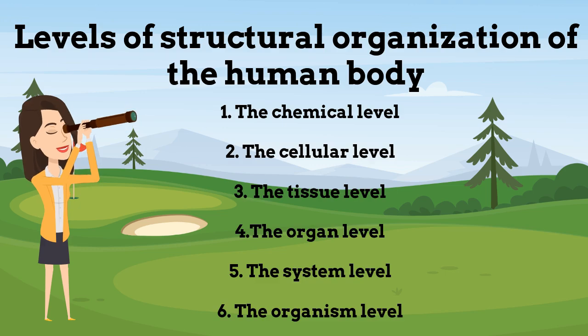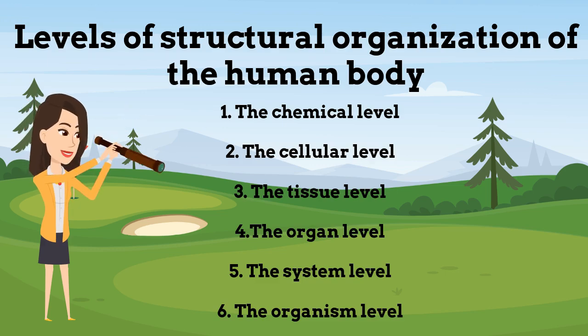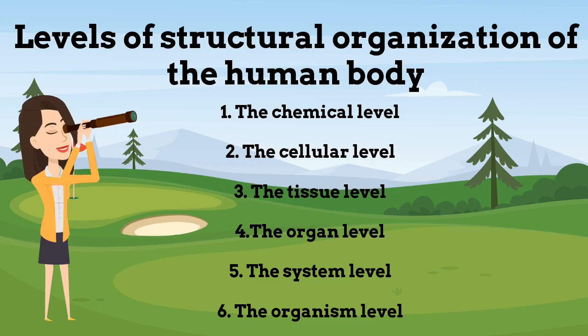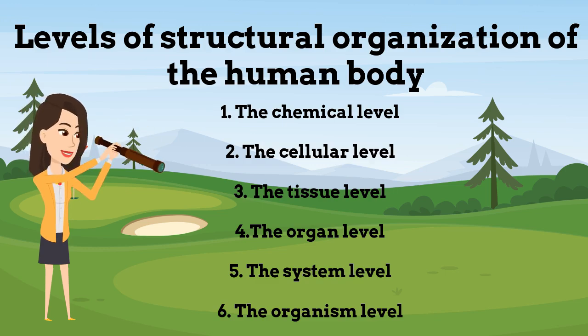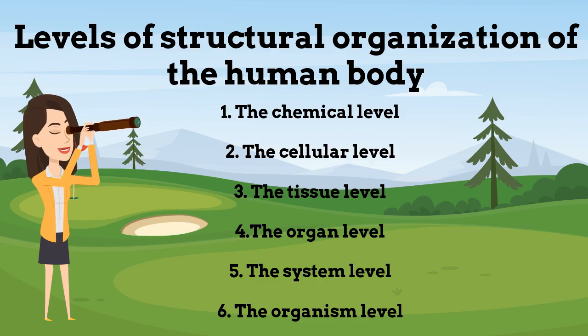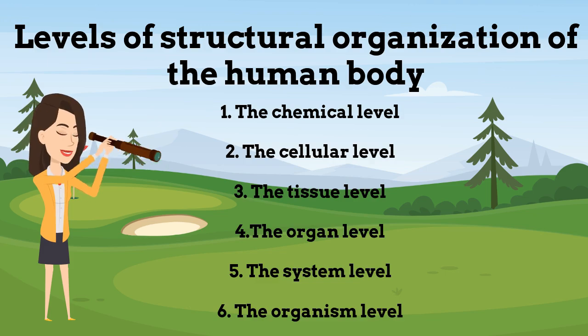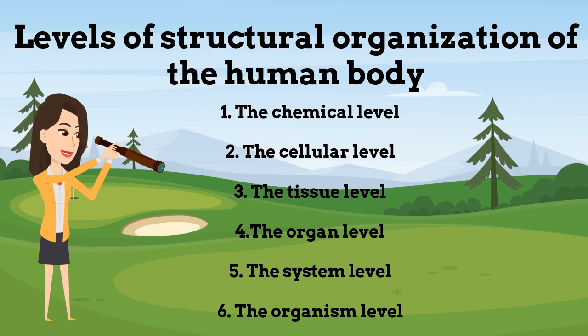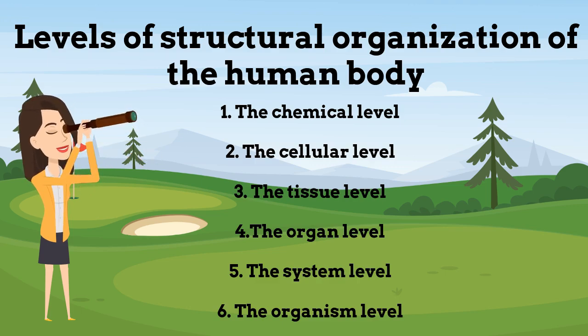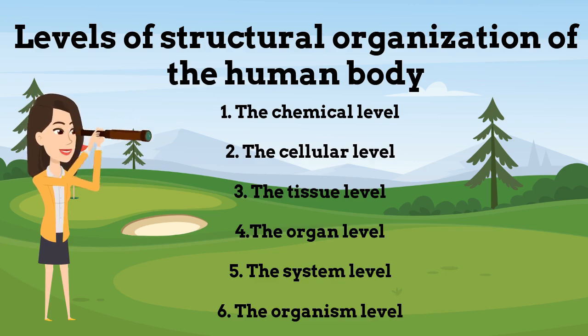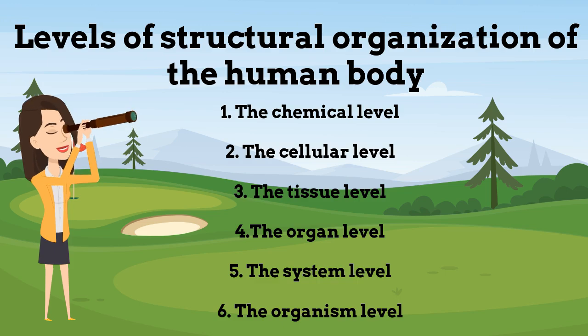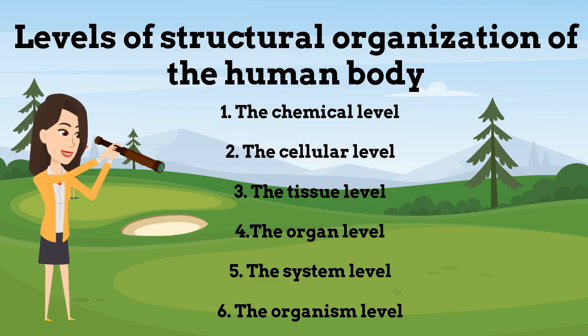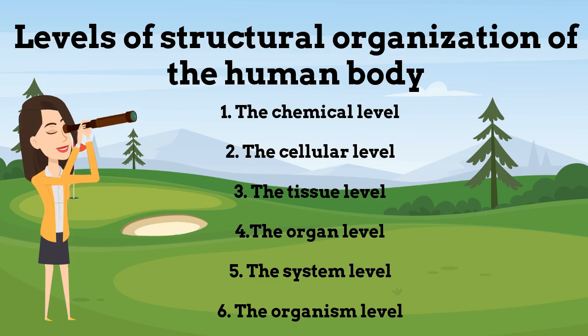When it comes to the chemical level, it is the simplest level of the human body, which is made up of atoms, including carbon, hydrogen, and oxygen, that combine together to form molecules such as water, sugar, and proteins. Moving on to the cellular level, the molecules combine to form cells that are the smallest living units of the human body.